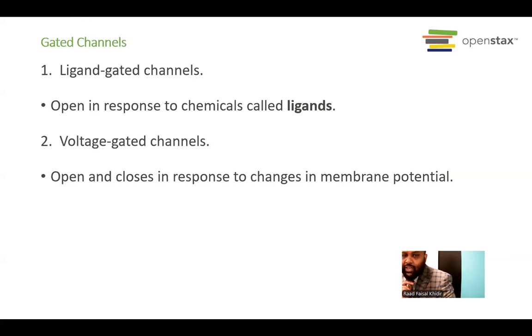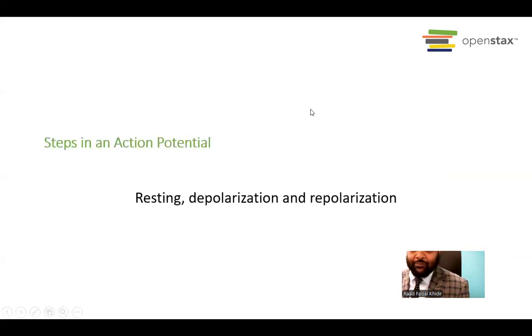Ligand-gated channels open in response to chemicals called ligands. And voltage-gated channels open and close in response to changes in the membrane voltage, like electrical, like a thunderbolt that's going to hit the membrane.